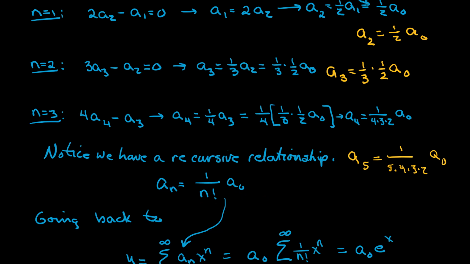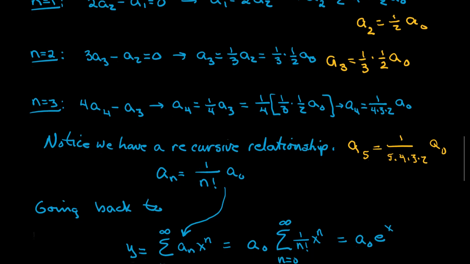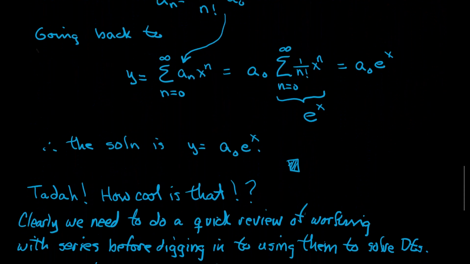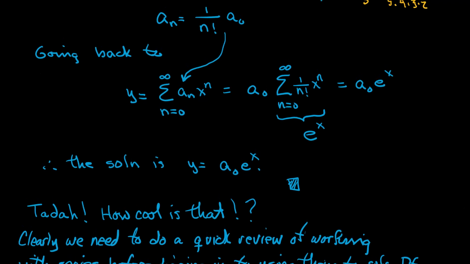Okay, so if we go back to our original setup, recall that we had y is equal to the sum from n equals 0 to infinity of a sub n, x to the n. But we know what a sub n is equal to. We can replace a sub n with 1 over n factorial times a sub 0.